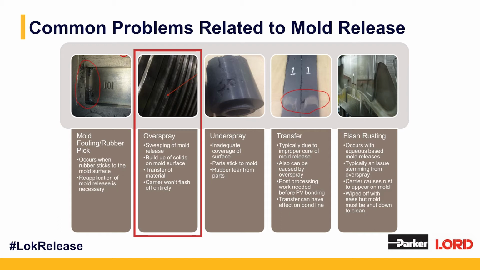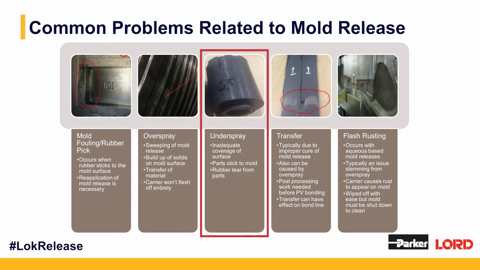Generally, that will clean the mold up well enough to be able to mold parts without having mold fouling or transfer to the part. The reasons for overspray are utilizing the wrong equipment and possibly operator training. You will see later in a training video how the equipment and application process used can make a difference in application of the mold release product.